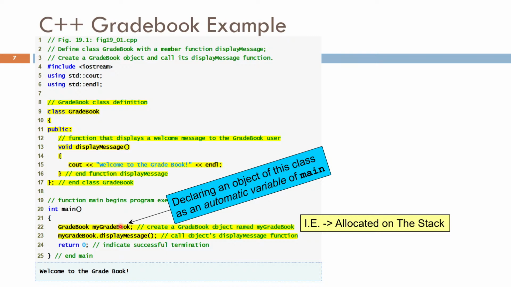Once we create an object, we allocate that object onto the available memory. And later on, when we see how to destroy or free memory, you'll see that it's deallocated from that memory stack and so forth. But we'll get to how the memory stack operates in a later lecture.